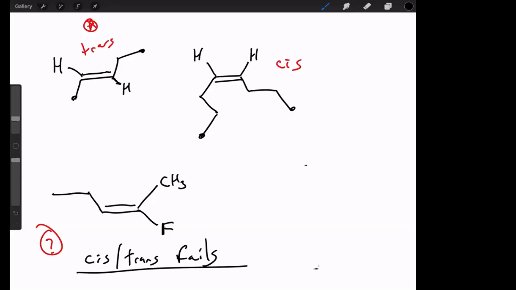What's pointing in opposite directions? We can say the hydrogens are pointing in the opposite direction. Same thing here, the hydrogens are pointing in the same direction. But what about in this case? It turns out that there aren't two identical groups to get a cis or trans designation. So we're going to have to learn a completely new way to specify the stereochemistry.